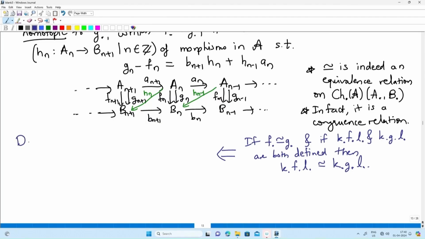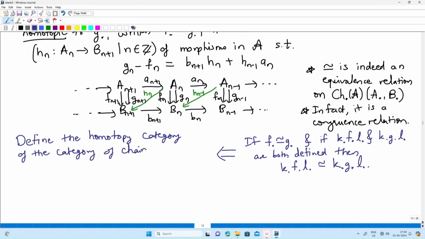So define the homotopy category of the category of chain complexes to be the category, and let me also give you the notation, K dot A. It is CH dot A quotiented out by the homotopy equivalence relation. This is the homotopy category.